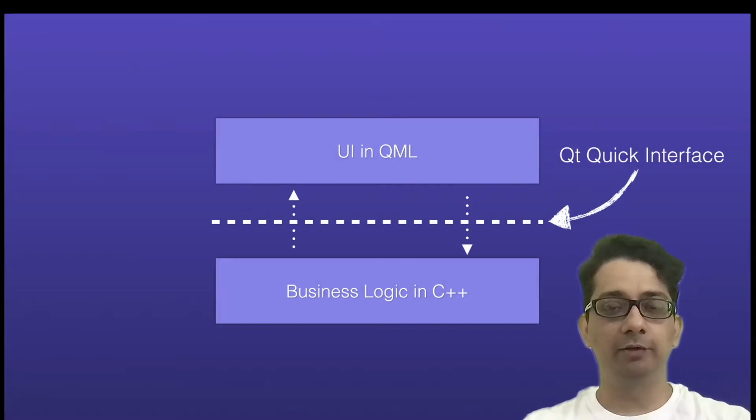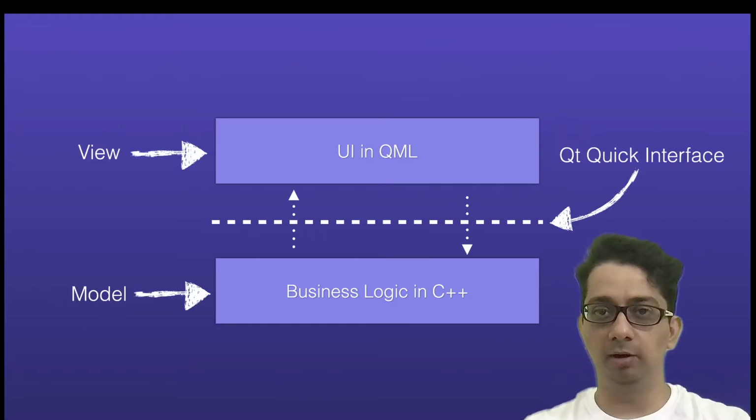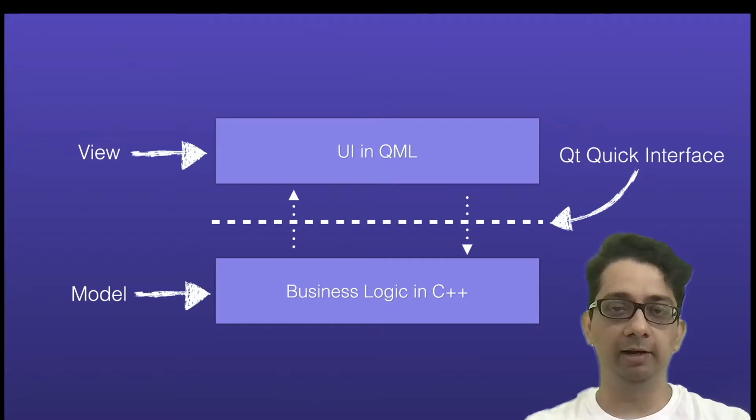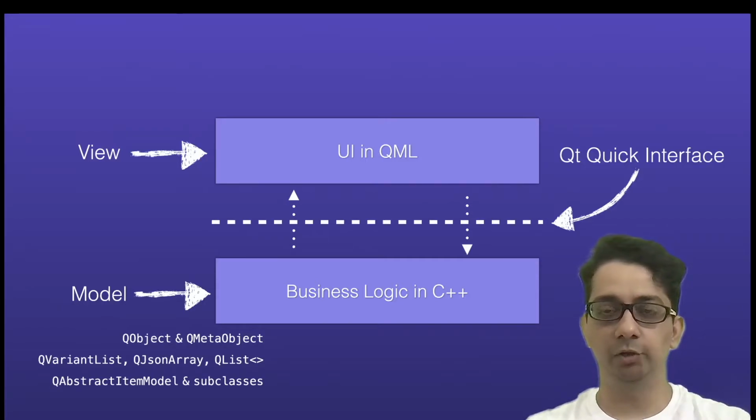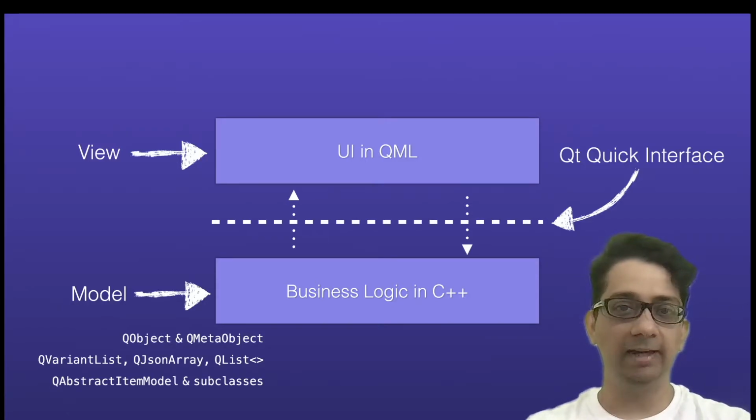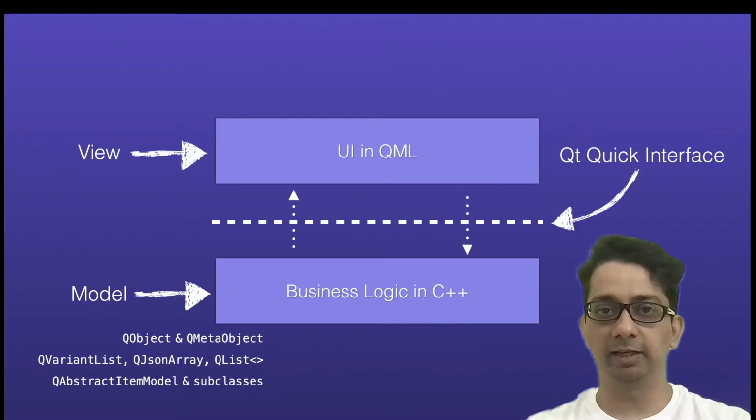A key aspect of this interface is model view. Broadly speaking, we can look at the business logic layer as model and the QML UI layer as view. Models in the business logic layer are built using one or more of the following C++ classes: QObject or QMetaObject, container classes like QVariantList, QJsonArray, QList, and specialized model classes like QAbstractItemModel and subclasses.